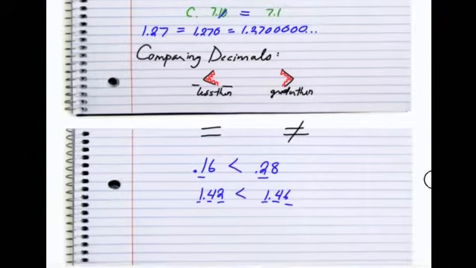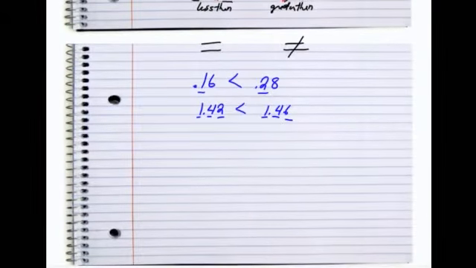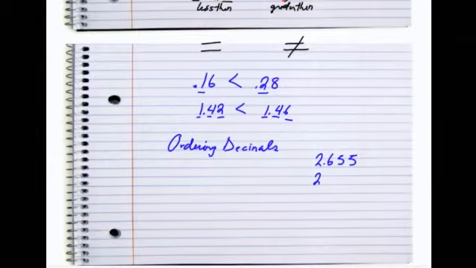When you're trying to order numbers from least to greatest, you should also work with this method specifically. You may want to vertically align your digits. For example, when we're ordering decimals, I may have the values 2.655, 2.644, and 2.662.